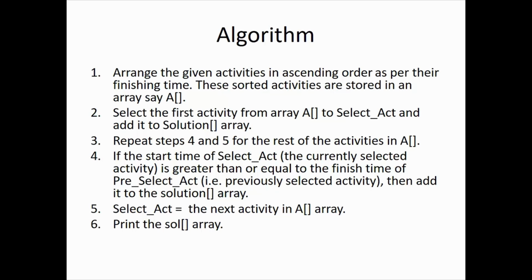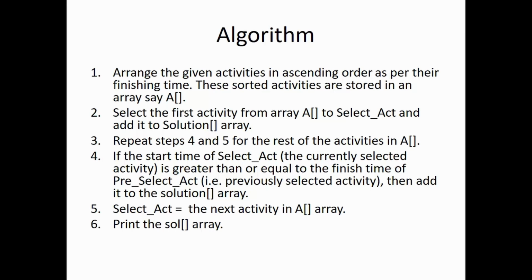Now steps 4 and 5 are repeated till we go through all the activities present in array A. We check if the start time of select_act, which is the currently selected activity, is greater than or equal to the finish time of pre_select_act, the previously selected activity.